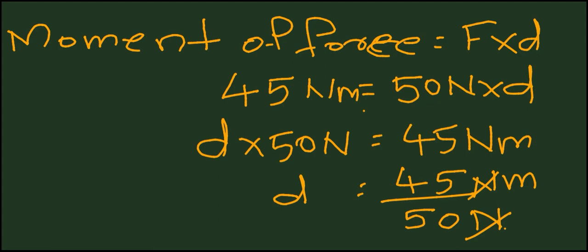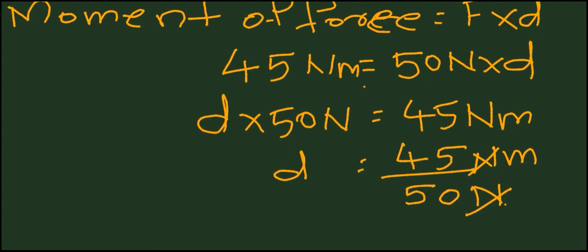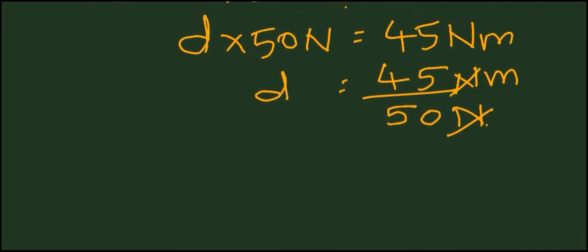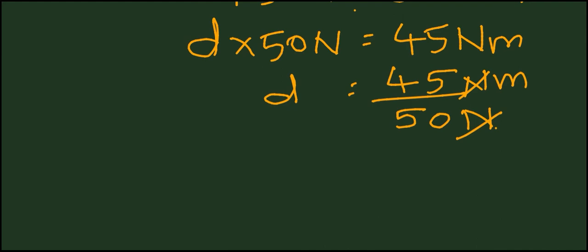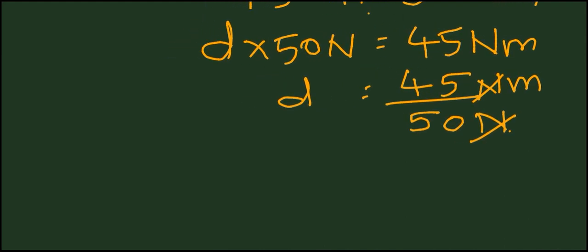By calculating this, 5 10s are 50, 5 9s are 45. Then we will get the final answer 0.9 meter.